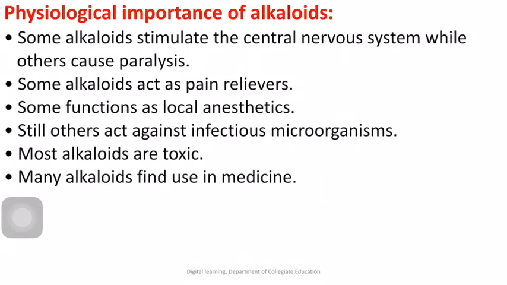And some alkaloids act as pain relievers. For example, morphine is used as a painkiller, that is as an analgesic, and also as a sedative, and it has a depressing action on some of the central nervous system. Some of the alkaloids are used as local anesthetics. Example, cocaine gives local anesthetic action.